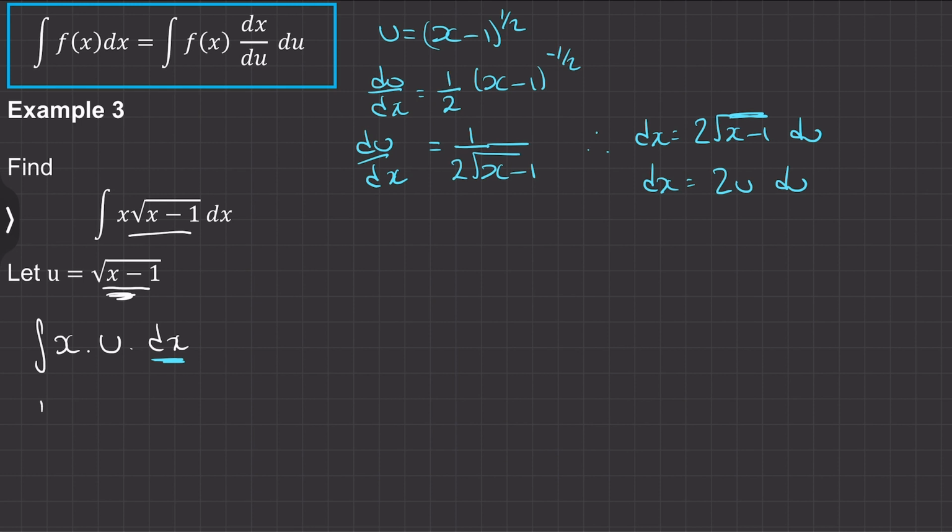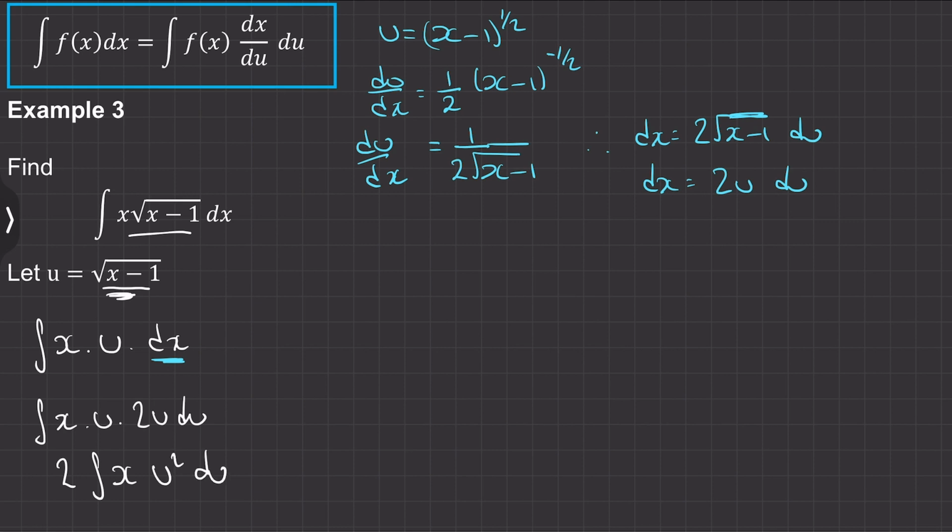So we have the integral of x times u dx, which is 2u du. So now we can multiply the u and the u together to get u squared, and we can move the 2 to the front. So we have 2 times the integral of x u squared du.